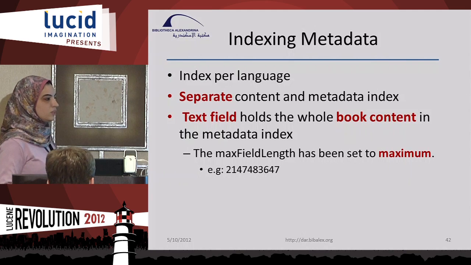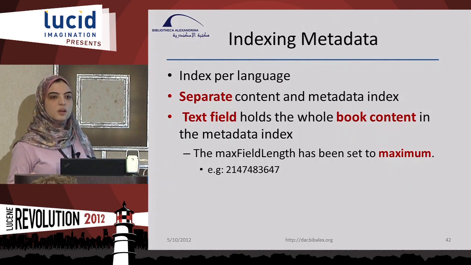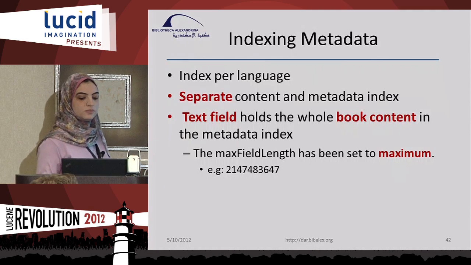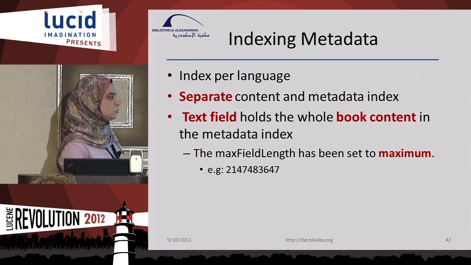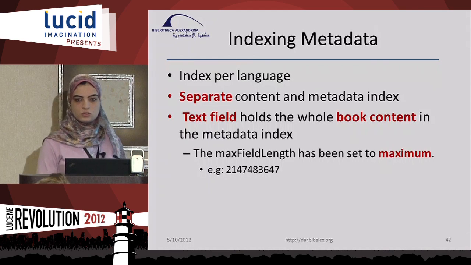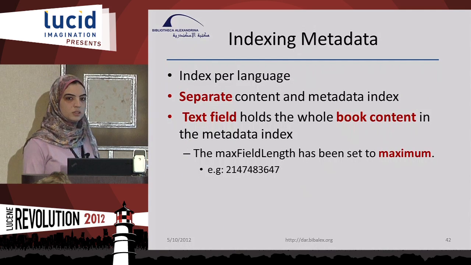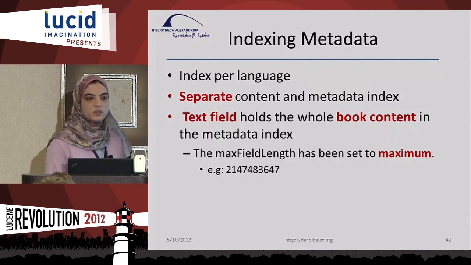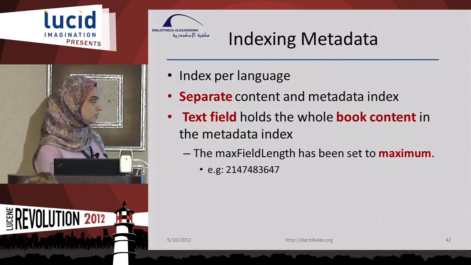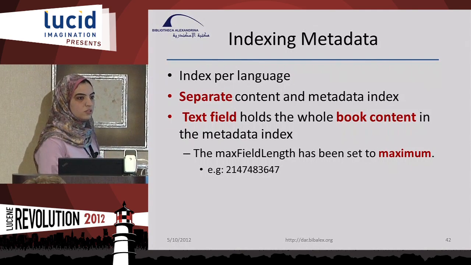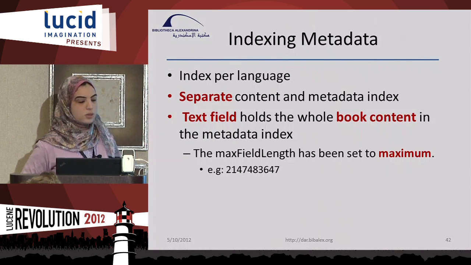And at this point, we can have all the content of the book just in one field by increasing the max field length within the Solr configuration file up to 2 gigaterms. So if we say that we have an average 300 words per page, and the average book is about 600 pages, then I can still put all this content within just one text field in Solr.